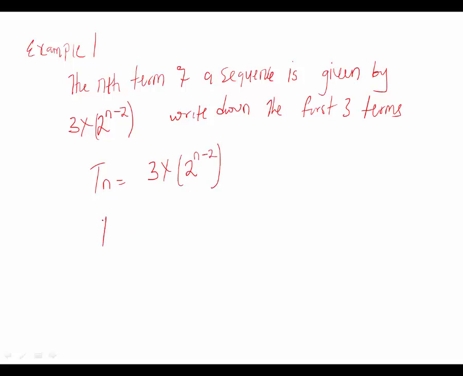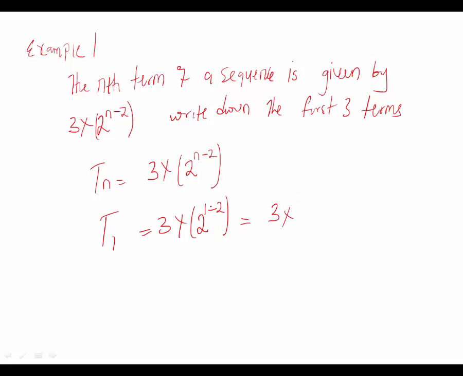So for my first term, which is 1, wherever I see n, I'm going to represent it with 1. So I'm going to say 3 times 2 to the power of 1 minus 2.